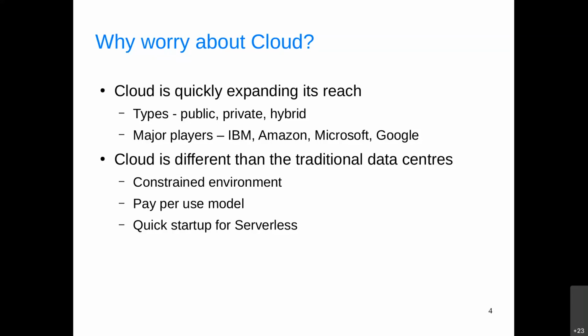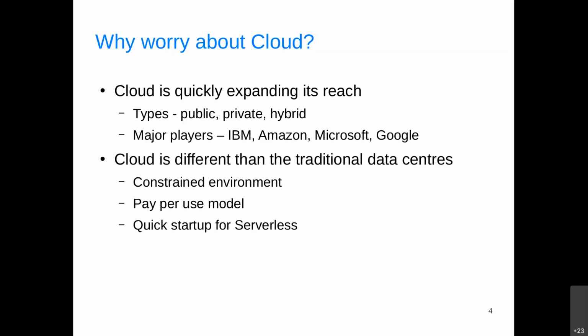Another selling point of public cloud has been the pay-per-use model, which means that the user has to pay only for the resources that the application is consuming. Again, this presents a challenge to the runtime systems because now we have to be very frugal in resource usage. We have to actively look for opportunities wherein we can release the resources when they are not required, so as to keep the runtime cost of the system as low as possible.